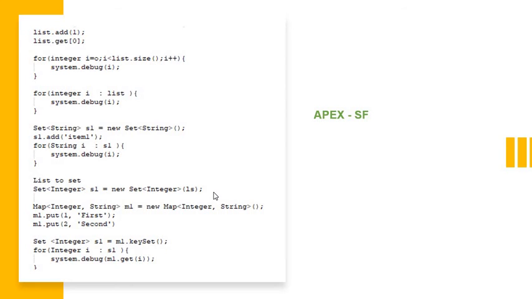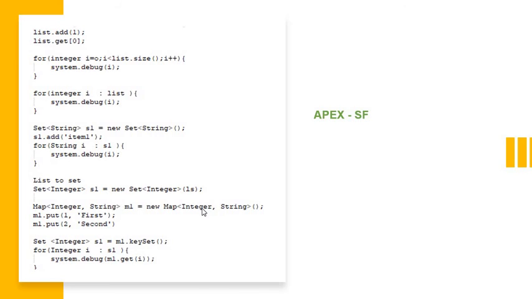The last one is map. Map stores a key-value pair. In a list, an index is given to an object by default. Here you can define what your index is. The key can be anything; it can be an integer or a string. Let's say you want to create an employee and department mapping.